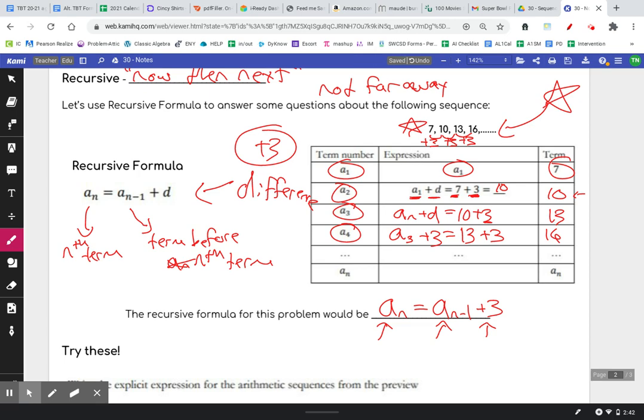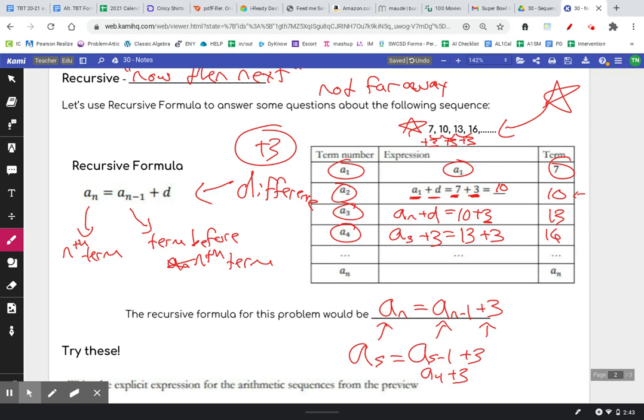So if I ask you, what's the fifth term? Well, that would be the fifth term minus 1 plus 3. 5 minus 1 is 4, so it's saying, whatever the fourth term is plus 3, that's going to be our answer for the fifth term in the sequence.